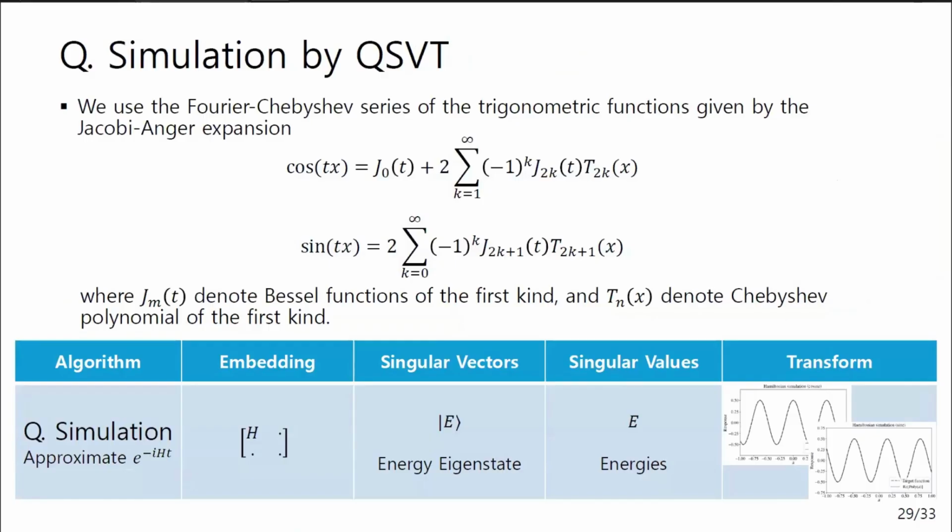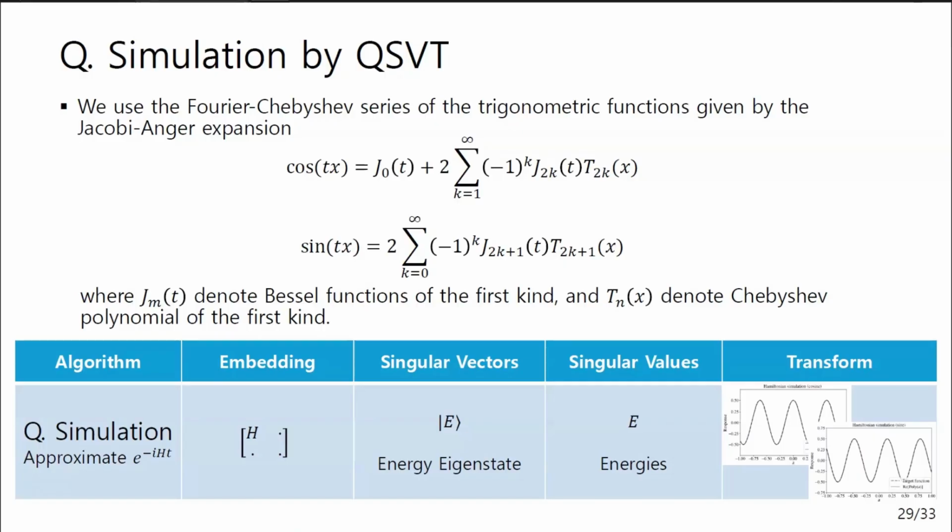Okay, then quantum simulation by QSVT. We use the Fourier-Chebyshev series of the trigonometric functions given by the Jacobi-Anger expansion. So we can make cosine and sine by using Bessel functions and Chebyshev polynomials. This Z means Bessel functions and T denotes Chebyshev polynomials.